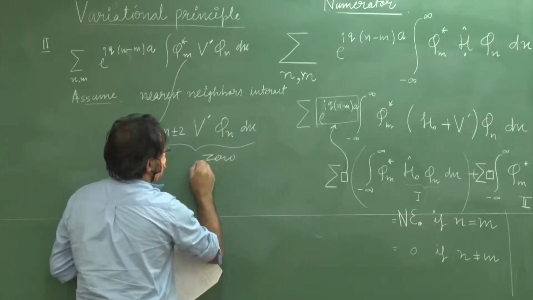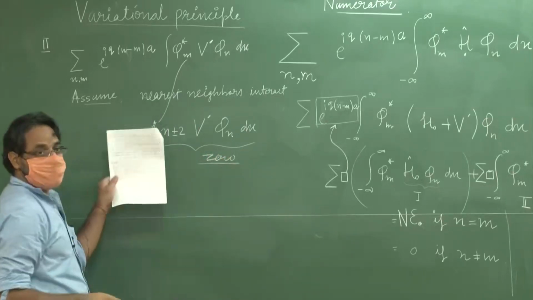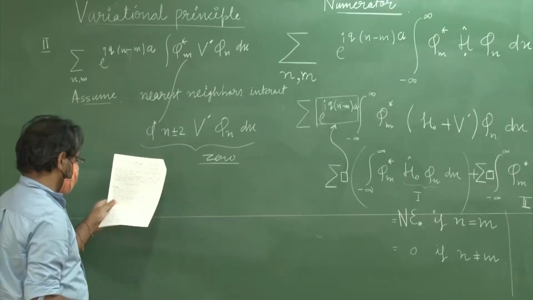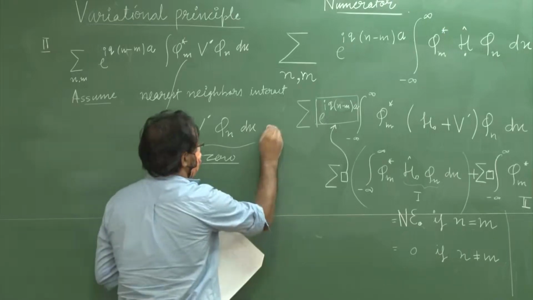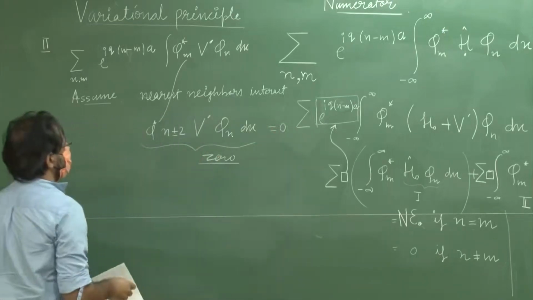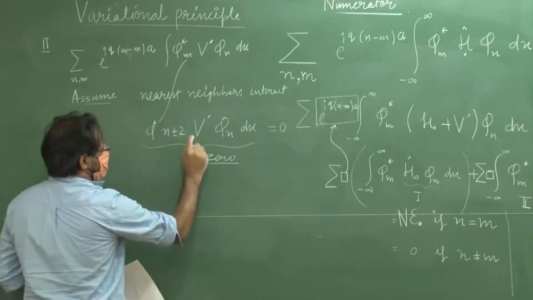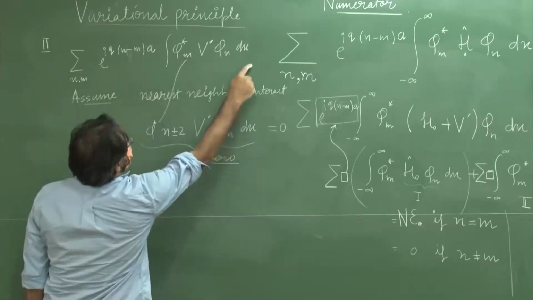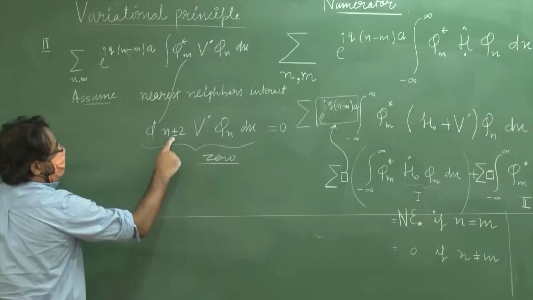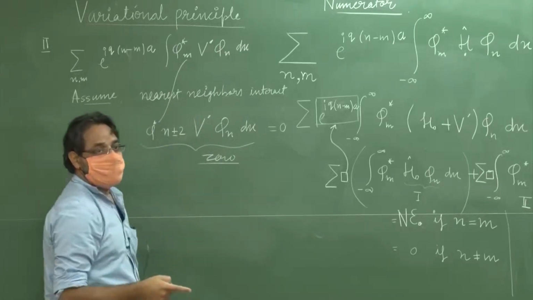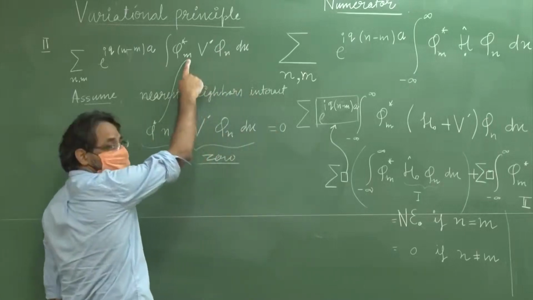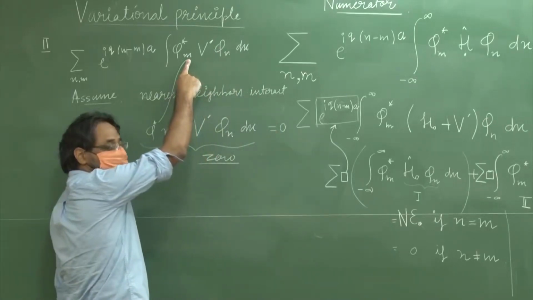This quantity is 0. Does this make sense to you? The only non-zero terms would be when, taking n to be 0, m is either plus 1 or minus 1.